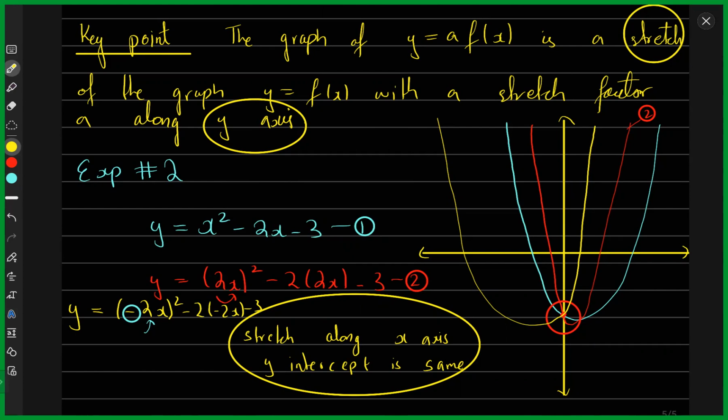Now I will think about it this way: this is my graph, and now I'm multiplying 2 with x. When you multiply 2 with x, that is actually going to be a stretch along the x-axis, and it is basically going to shrink. And if you don't want to think about it this way, think about it this way. This is better.